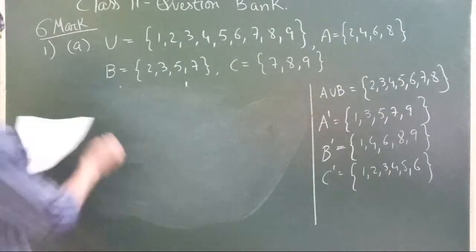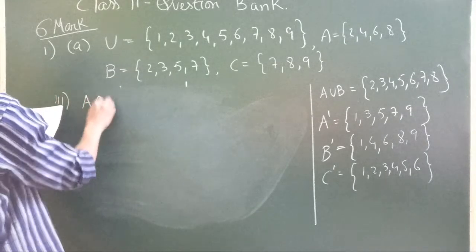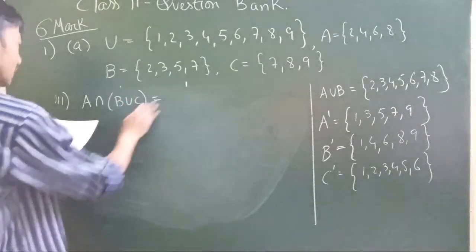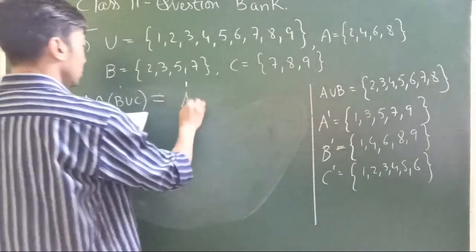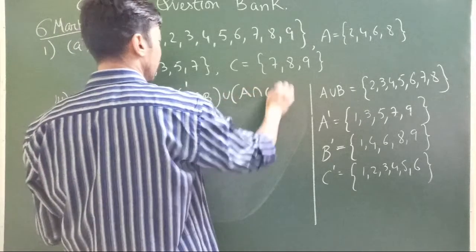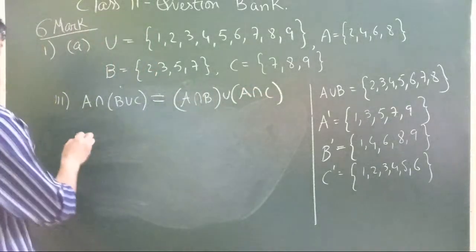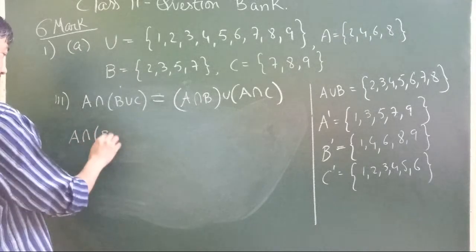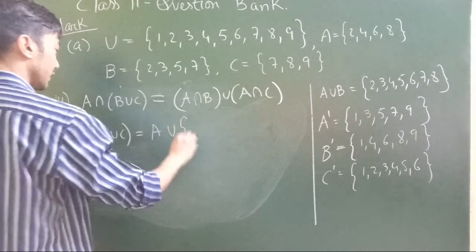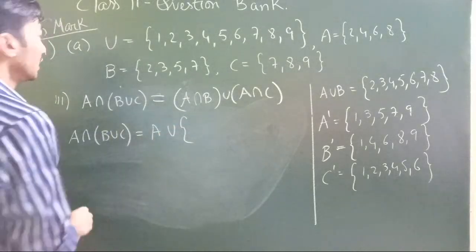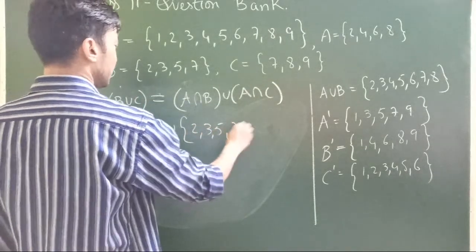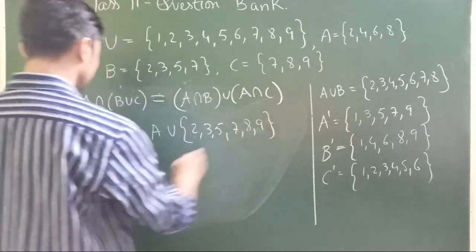The third one is about A intersection B union C. I'll just go for the proof straight away. Okay, let me write it down. It should be equal to A intersection B union A intersection C. Alright, so let's get this. A intersection B union C: B union C will be 2, 3, 5, 7, 8, 9.